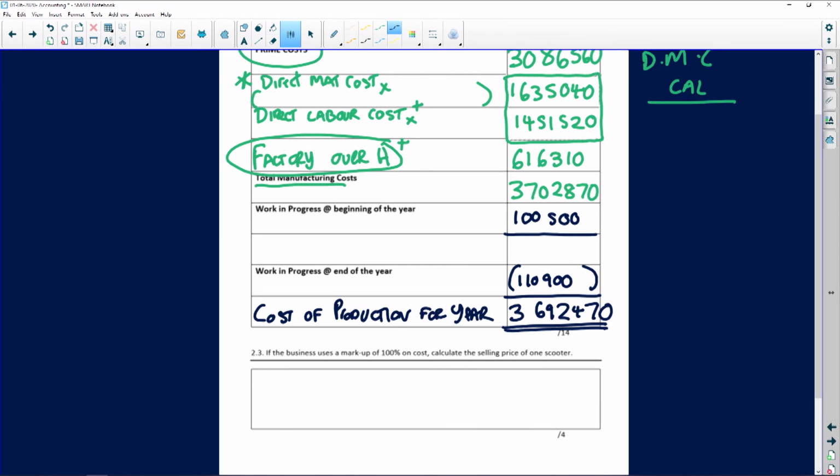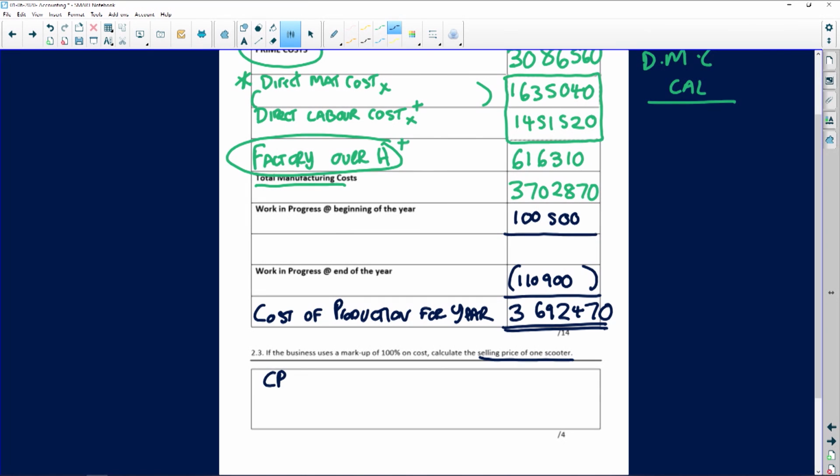If the business uses a markup of 100% on cost, calculate the selling price of one scooter. So immediately the first thing we need to do is calculate what is the cost price for manufacturing one product, in this case, one scooter. So how are we going to calculate the cost price per unit? We're going to take our total manufacturing cost, in this case 3,692,470, and we're then going to divide this by the number of units manufactured.